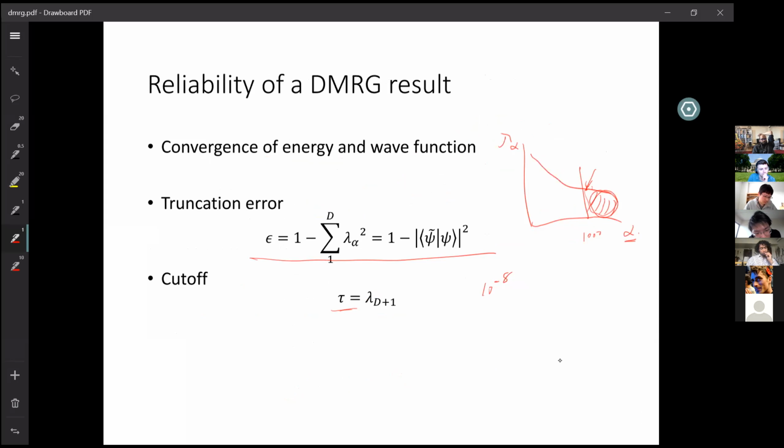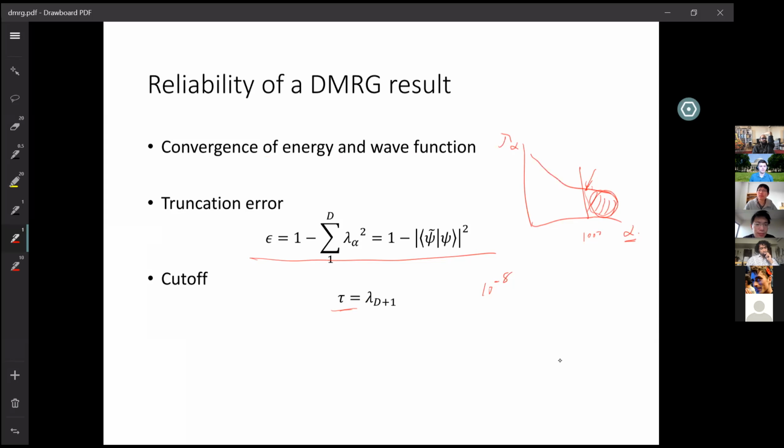If I know that my wave function overlap differs from 1 by epsilon, does that mean that when I compute correlation functions of local operators, the error in those correlation functions will also be appropriately small in epsilon?